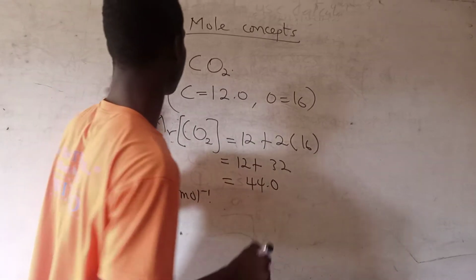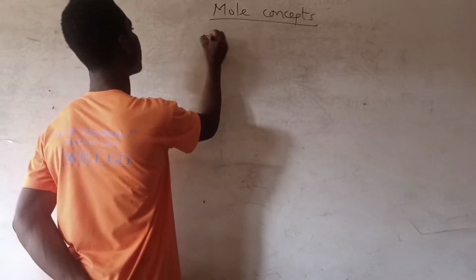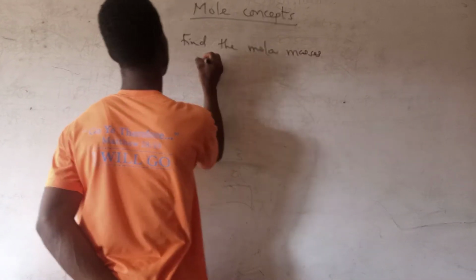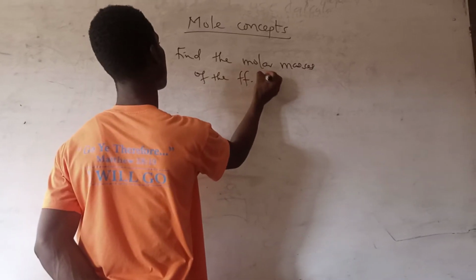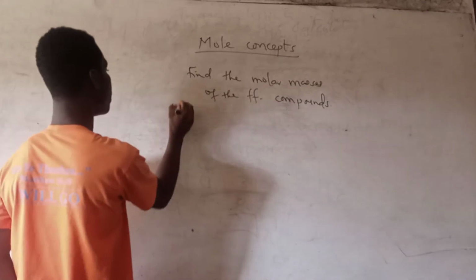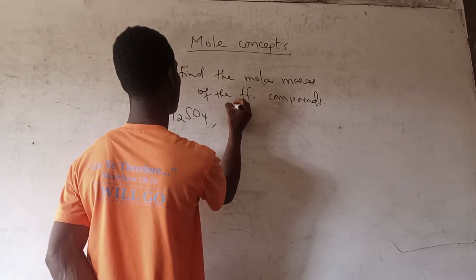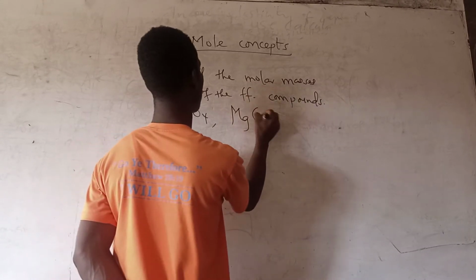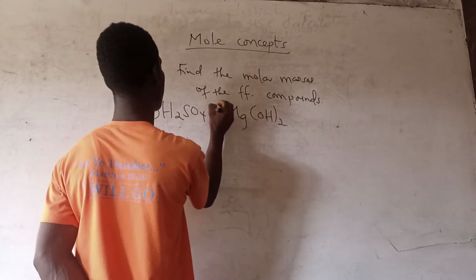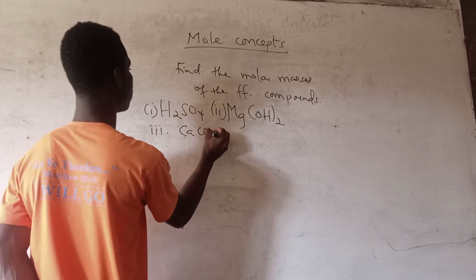So that's how it is. Let's solve another example. Find the molar mass of the following compounds: H2SO4, Mg(OH)2, CaCO3.